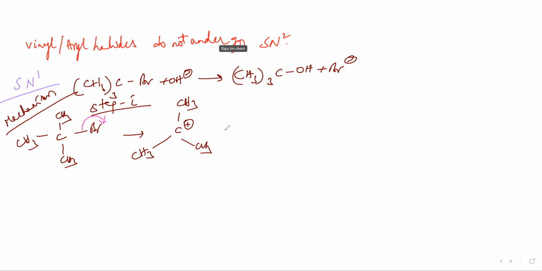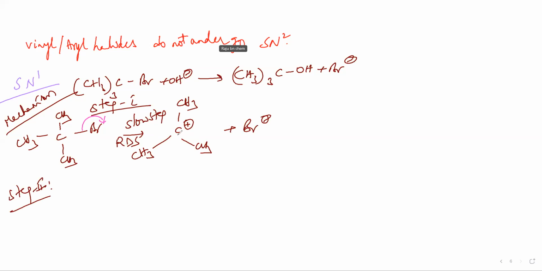Now here the carbon gets a positive charge, and Br minus departs. So this is a slow step. It is known as the rate determining step, RDS. Next, step 2.